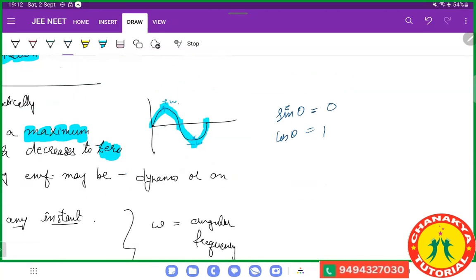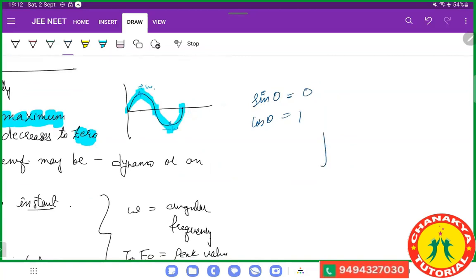Okay. So that means what? If I take both values at zero, sine zero starts from 0, and cos starts from here. Let me change color. Cos starts from here and sine starts from here. 0 is the starting point, so cos is already leading here.